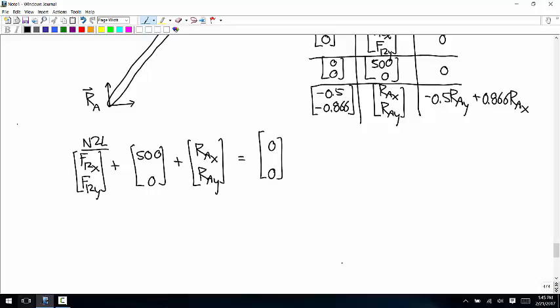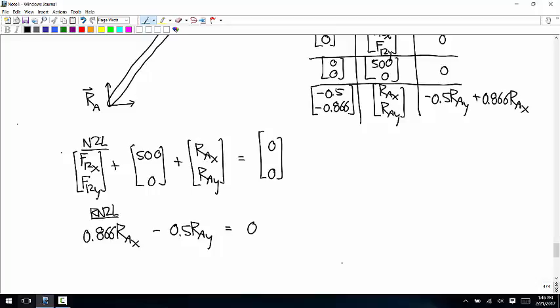And the moment equation says 0.866, I'm just rearranging these, but 0.866 RAX minus 0.5 RAY is equal to 0.